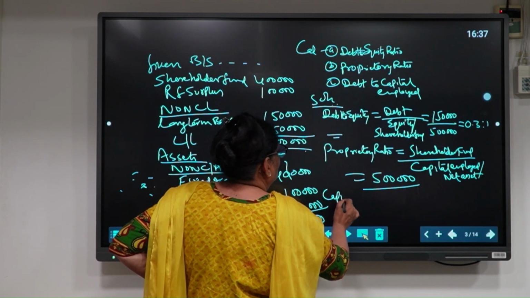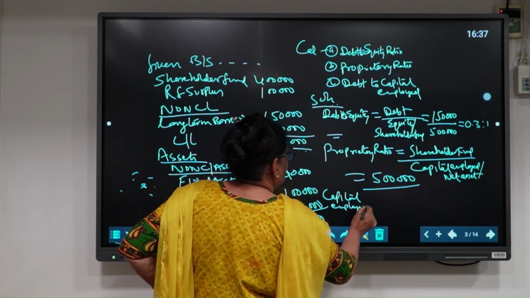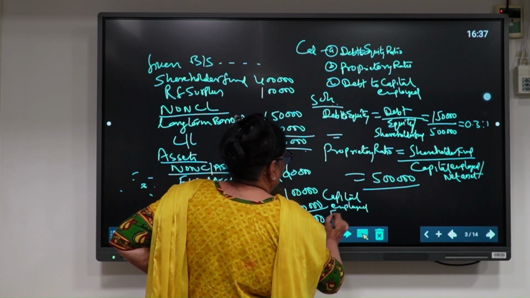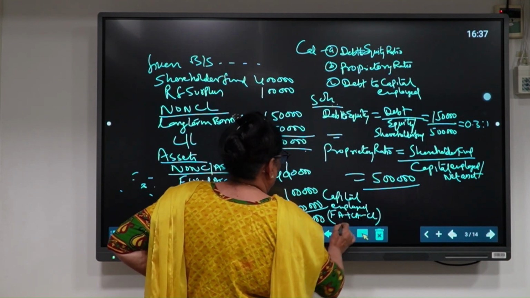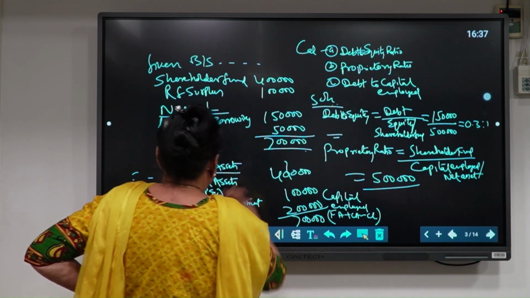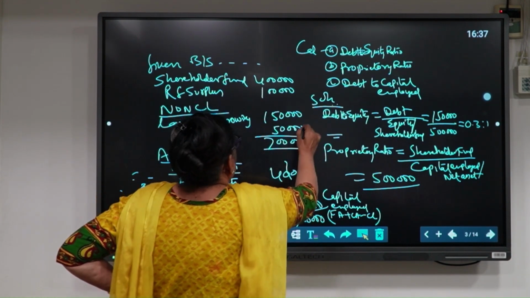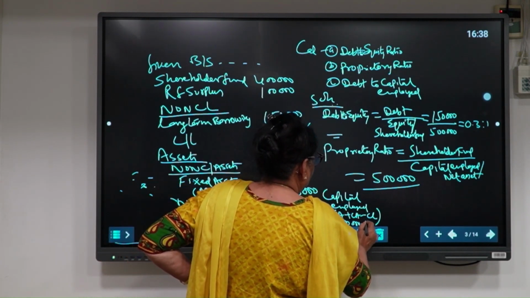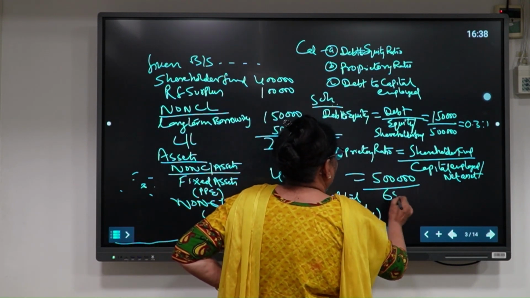I have already done so many problems. Capital employed, fixed asset plus current asset minus current liability will give you. Fixed asset plus current asset together 7 lakhs minus 50,000. So how much you get? 6 lakhs 50,000.